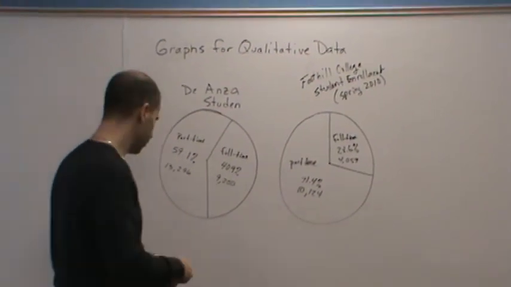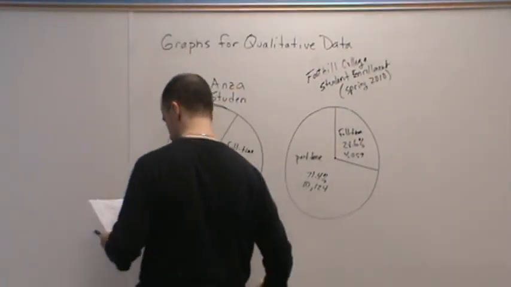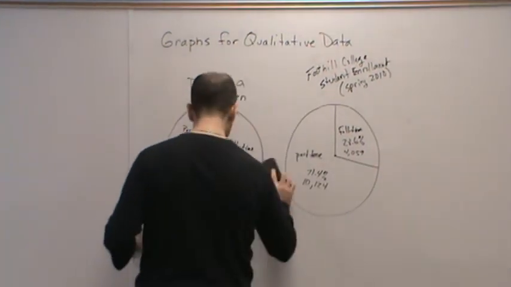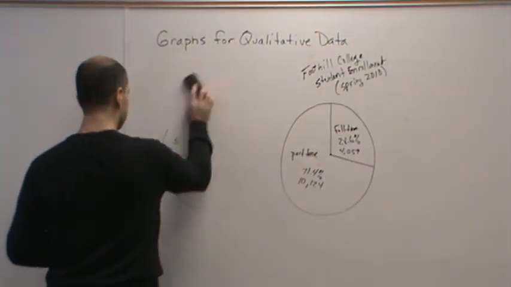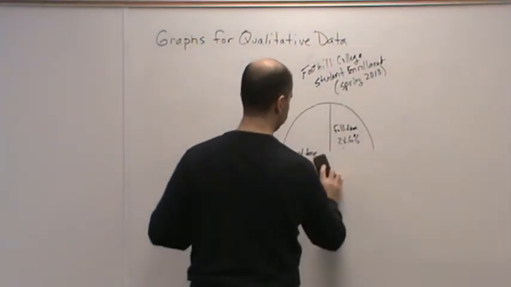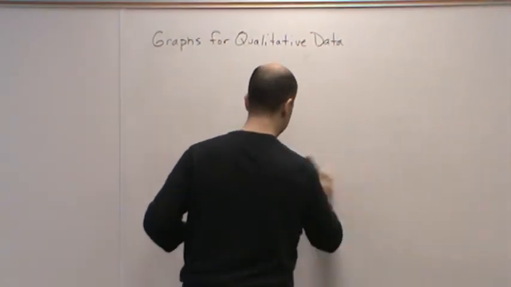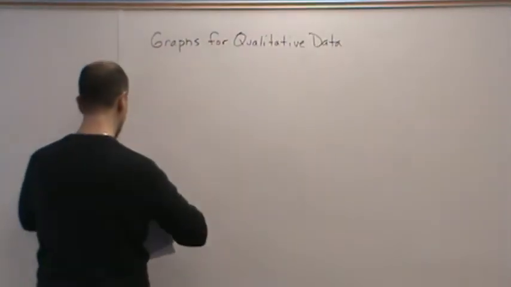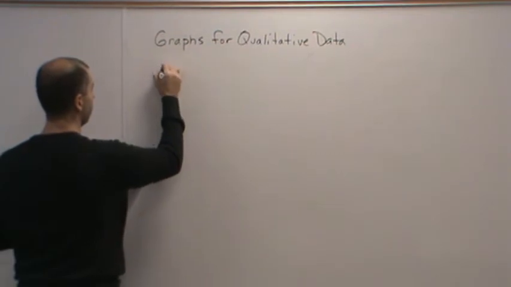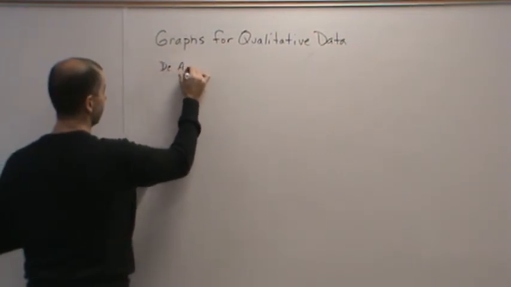Okay, so now I'm going to do the same thing, and now I'm going to construct the bar chart. Okay, so again, I'm going to put De Anza College here.